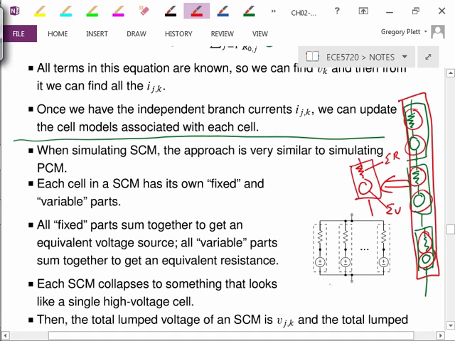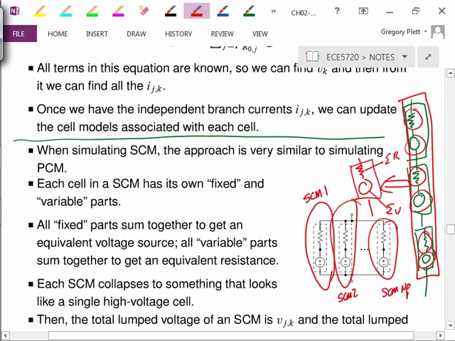So in this diagram, it looks like a PCM. In fact, there is SCM number 1, there is SCM number 2, etc. This is SCM number NP. So each one of these is a high voltage thing instead of a low voltage single cell. But because it looks just like a PCM, the equations end up being pretty similar when we're simulating it.